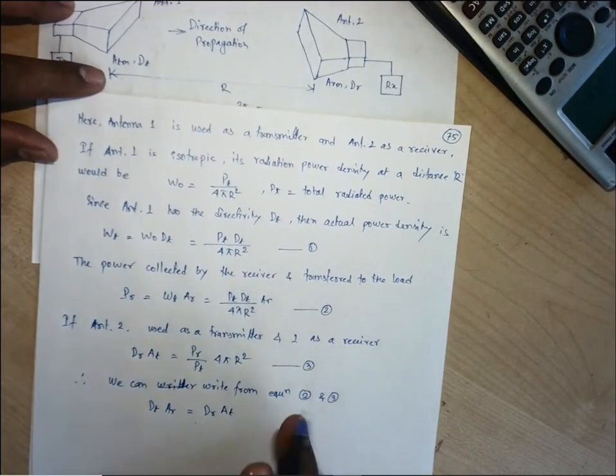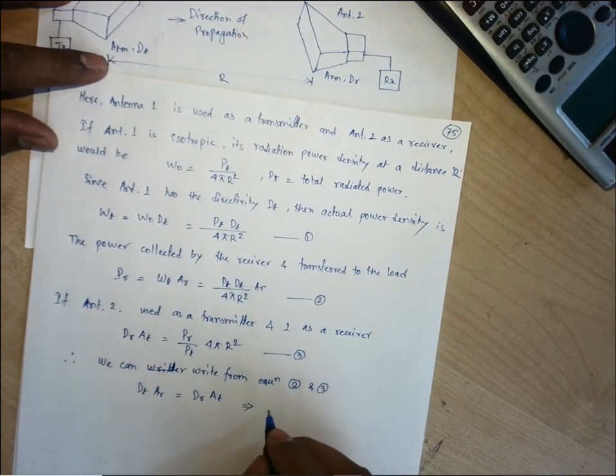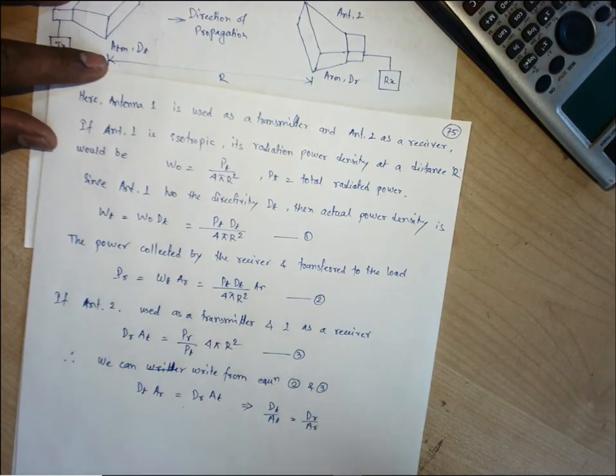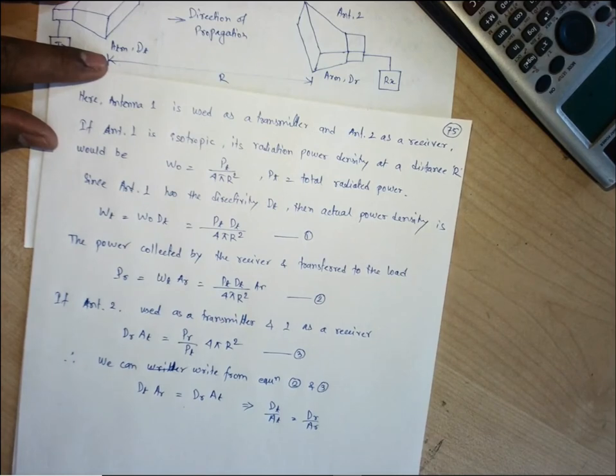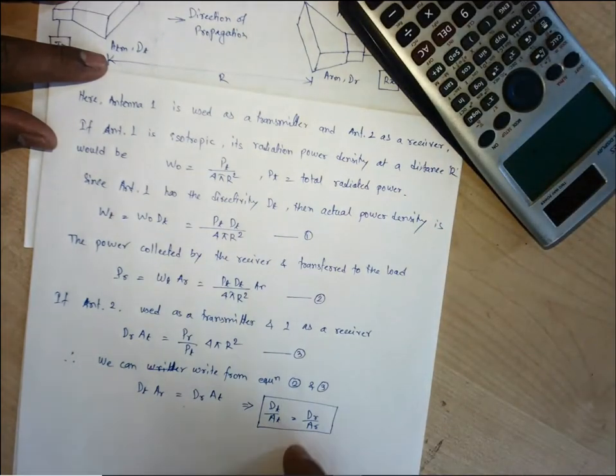So from this we can write for this transmitter, that dt by AT is equal to dr by AR. The ratio of directivity to aperture of the transmitter is the same as the ratio of directivity to aperture of the receiver. If we think either way, it will satisfy this expression.